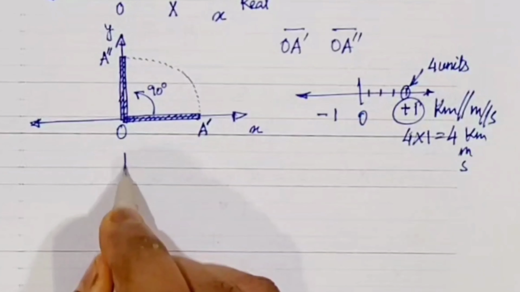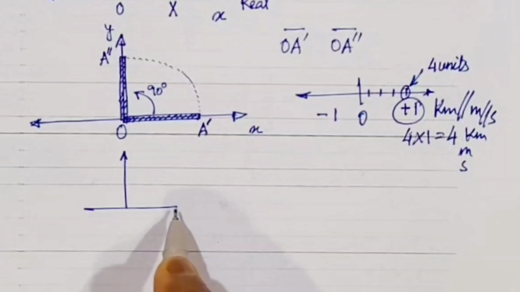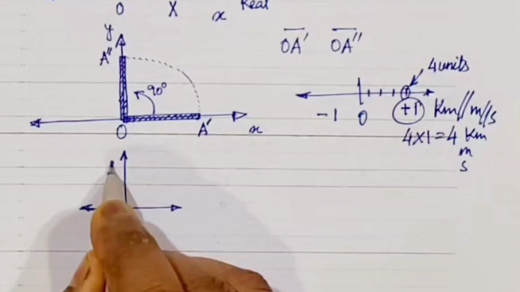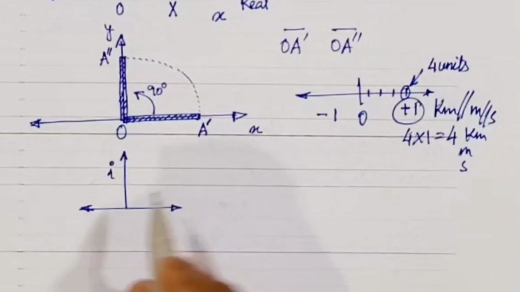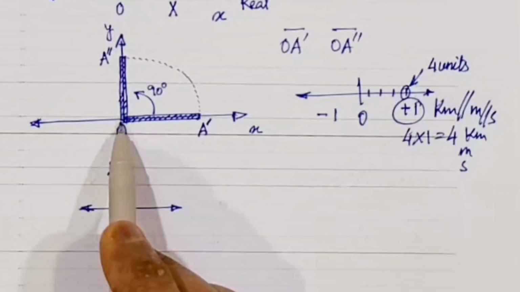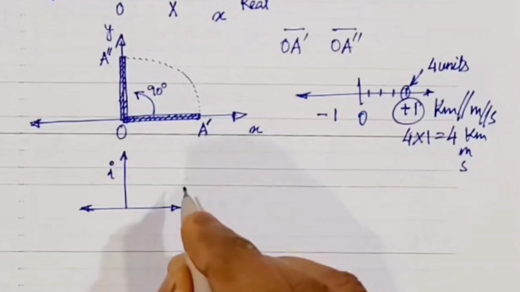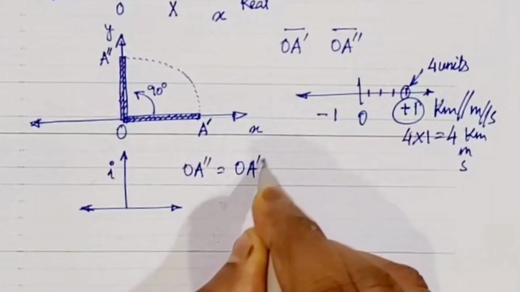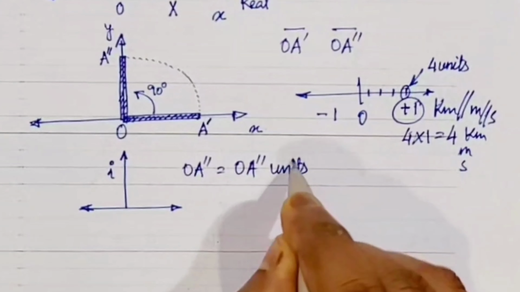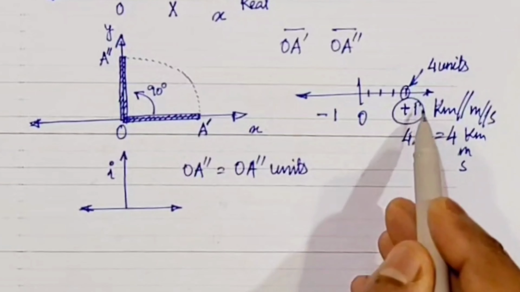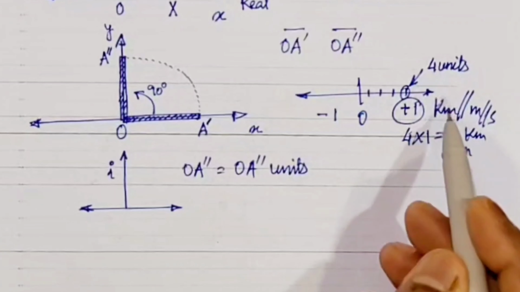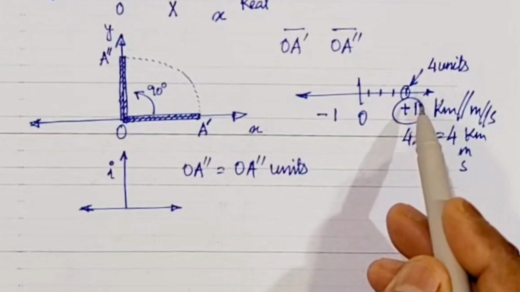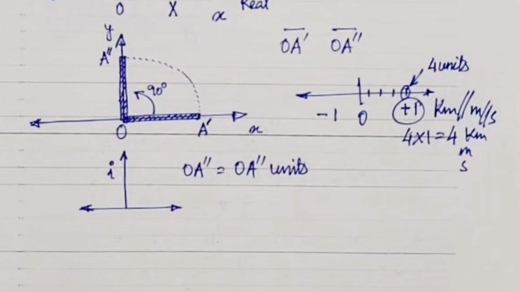Now this axis, this vertical axis, has its own unit. The unit is i. That means the actual value of OA double prime is basically OA double prime units. And just like the positive part of the real axis, units multiplied by the value is what gives you the absolute understanding about the magnitude of that quantity.